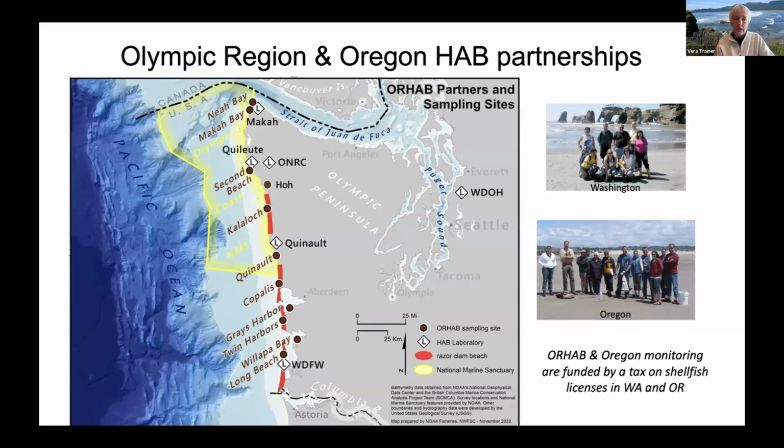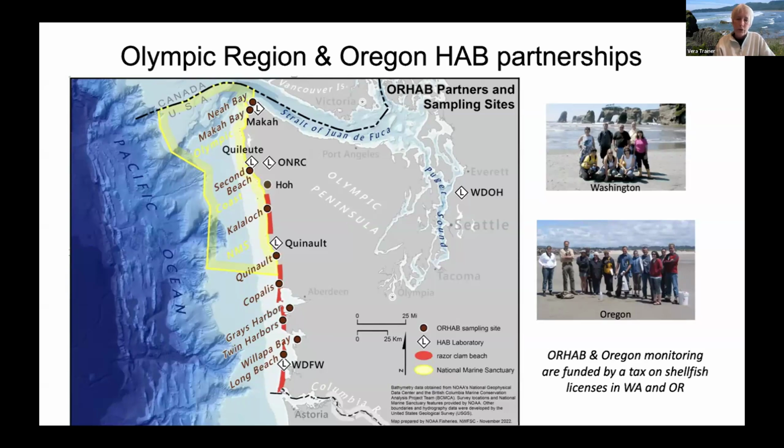But at any rate, the ORHAB program is shown here. And you note the sampling sites in the brown circles, and that highlights the collaboration of a number of tribes, the Makah, the Hoh, the Quinault, and the Quileute. And then also Fish and Wildlife does a really important job of sampling the southern coast.